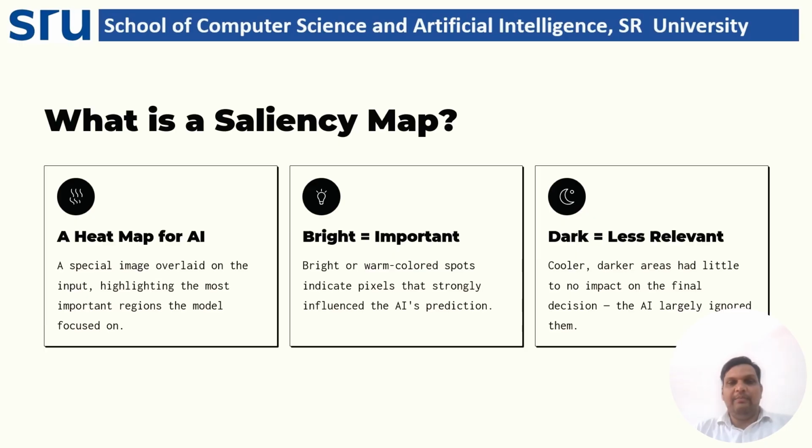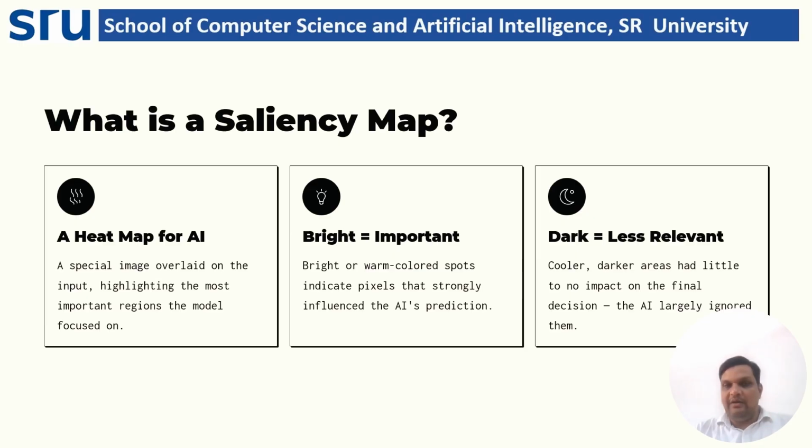A heat map for AI. A specific image overlaid on the input, highlighting the most important regions the model focused on. Bright is equal to important.